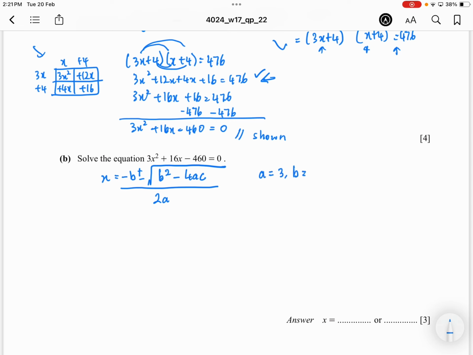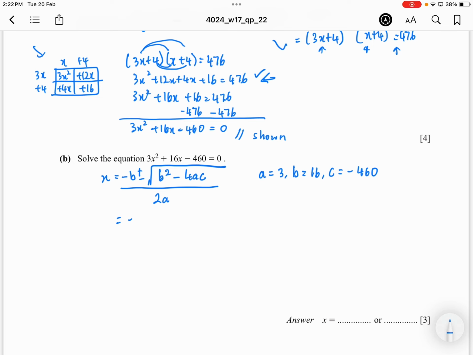What is B? Very good. And what is C? Negative. Yes. Okay. A is the coefficient of x squared. B is the coefficient of x. And C has no coefficient, C has no variable. Okay. Put it in, quickly. x equals to minus B plus minus square root of B square minus 4AC over 2A.